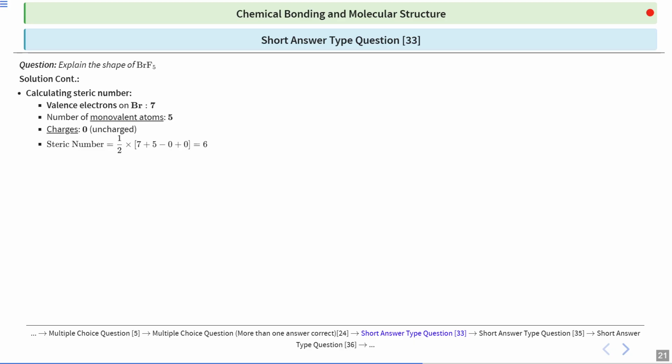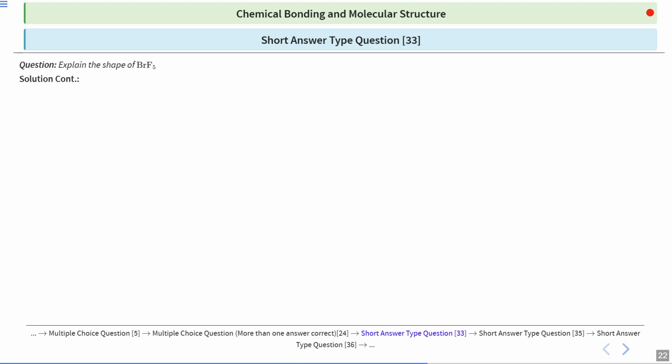Now, if you look at the Lewis structure of BrF5, it will have a lone pair. Now it is having one lone pair and it is having a steric number of 6. So what can we say about its structure and shape? For steric number 6 and one lone pair, BrF5 will be sp3d2 hybridized. You can go and look back at the table.